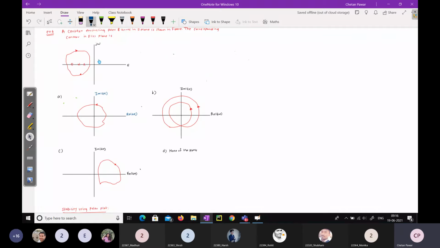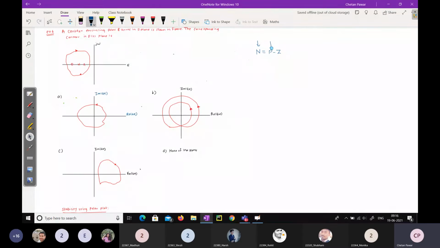So what we do is mapping this particular contour in the S plane, right? And in the answers you can see that those contours are in the GS plane. So the mapping is done that way. As we know, the number of encirclements about the origin in the GS plane will be equal to P minus Z, right?